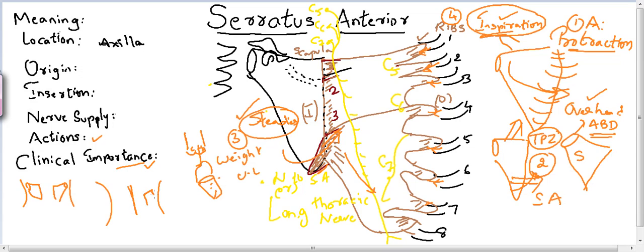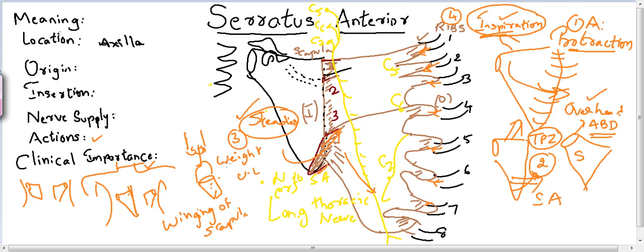The other scapula is not visible, but this scapula, the medial border is more prominent. So it appears like a person has got a wing, therefore it's called a fancy name, winging of scapula. This is a clinical application of this.